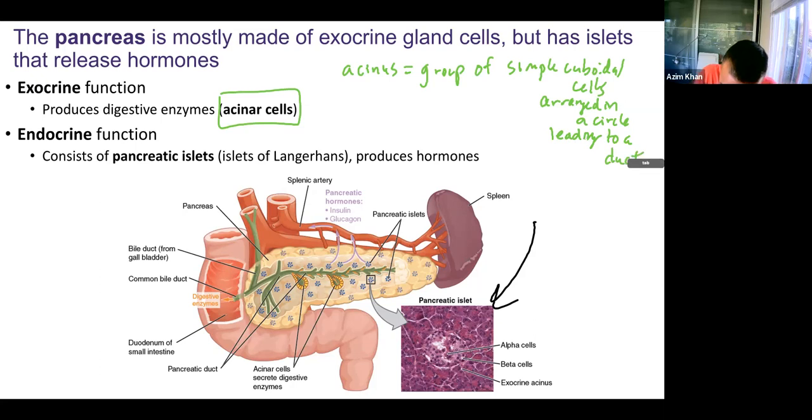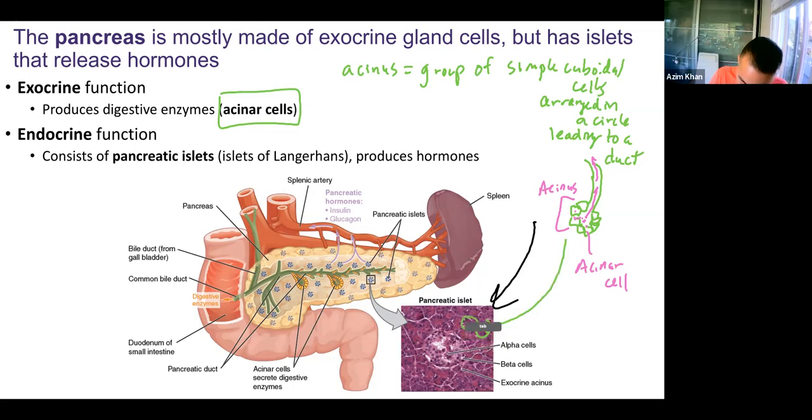So for example, here is a cuboidal cell, cuboidal, cuboidal, cuboidal, cuboidal, and then that leads out to a duct. So when you produce and release something, it goes out to a duct. That is an acinus, and a single cell is an acinar cell. That's what we're seeing here: groupings of cells in tight circles.